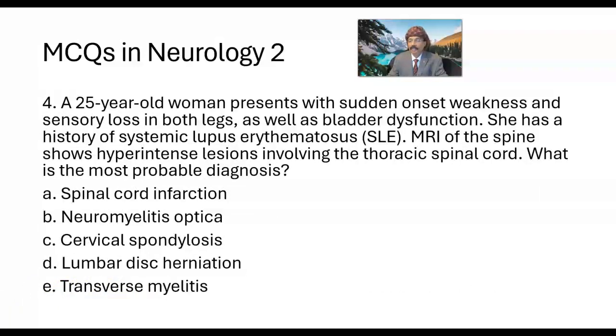MRI can diagnose the disease. Sudden onset of weakness and sensory loss in both legs as well as bladder dysfunction, with a history of SLE, may lead to transverse myelitis.